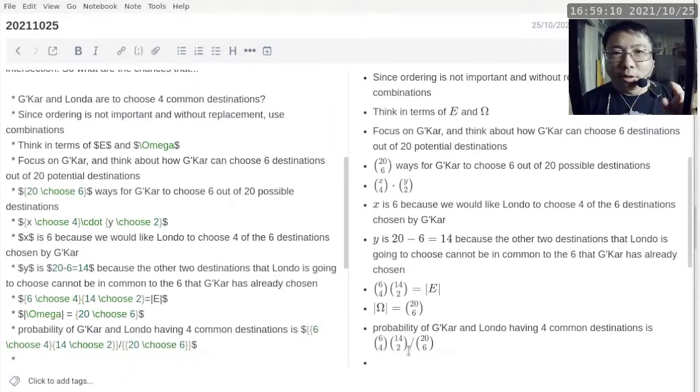Even though there are so many ways for the first person to choose 6 destinations out of 20 possible destinations, the probability does not change. So for each way the first person can choose 6 destinations, the chances of the second person overlapping 4 destinations with the first one remain exactly the same. So that's why it doesn't matter. I hope this kind of makes sense. It's kind of just the intuitive way of looking at it.